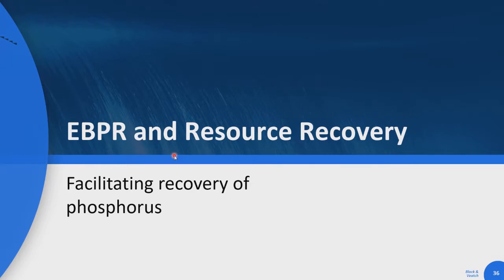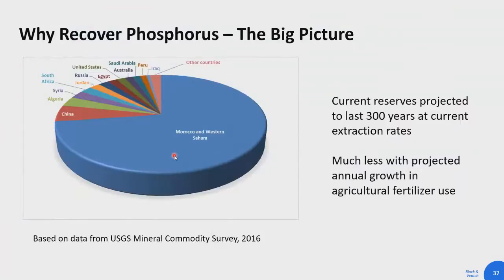So when we think about phosphorus, like why recover the phosphorus, there's been a lot of discussion over the last decade around how much reserve phosphorus we have globally and how much we need for growth. There can be debate about that, but one thing that isn't really debated is that phosphorus is really concentrated in a few countries.